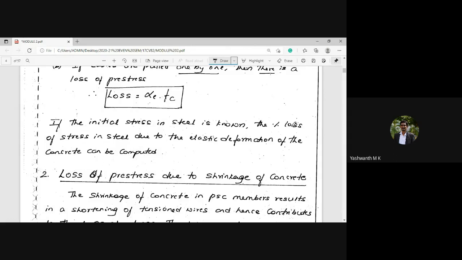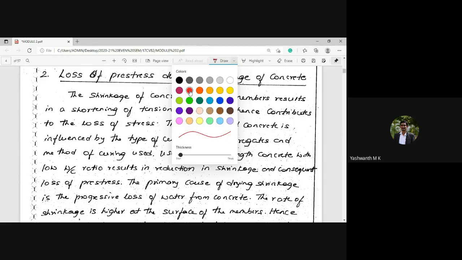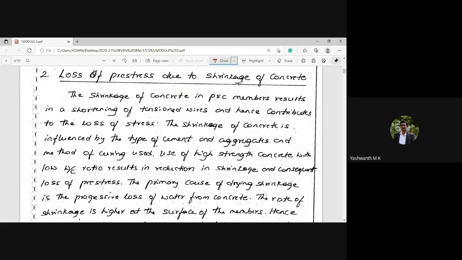Is it clear? Next, let me move on to the next loss that is going to happen in the concrete, that is loss of pre-stress due to shrinkage of concrete. You already know the meaning of shrinkage. Shrinkage is defined as the change in volume of concrete due to internal changes.